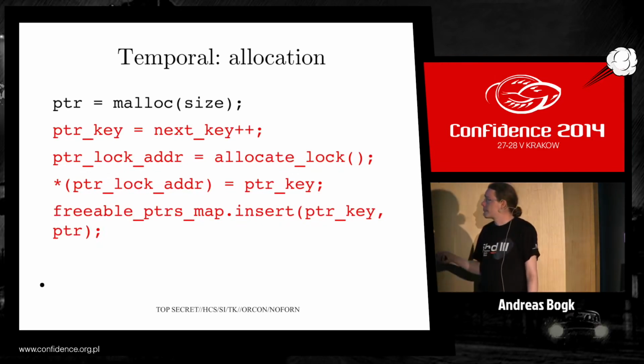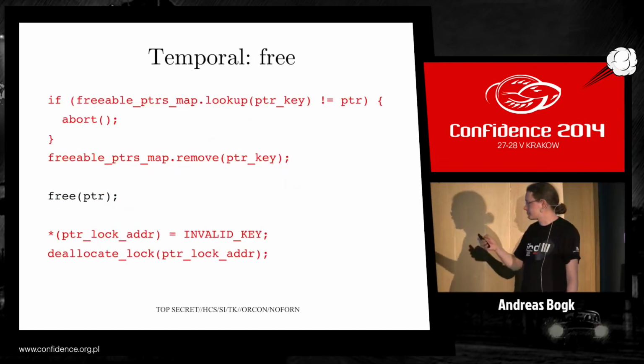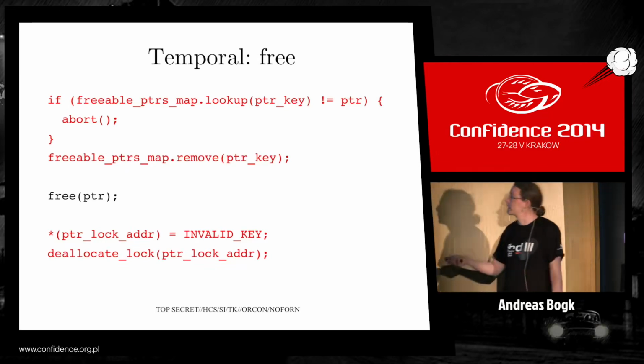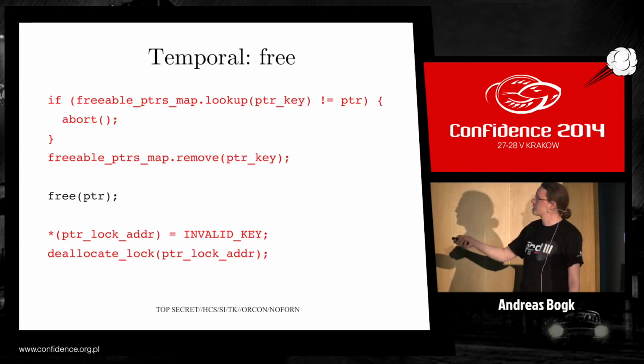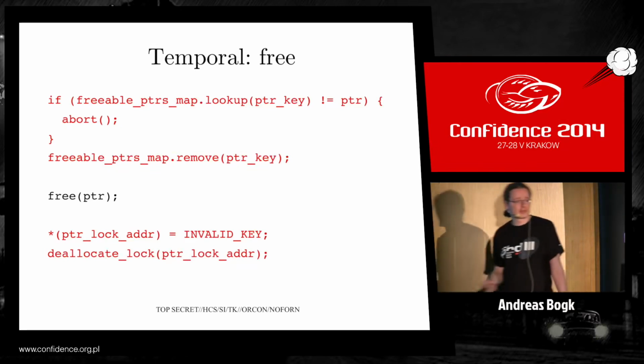On deallocation, we write an invalid key value into the lock, which is a piece of memory, right? We allocated that. Of course, first we check before freeing whether the free is okay. So we are looking up the key value and look whether that's the pointer it's pointing to, so whether it all makes sense, then we can free it.